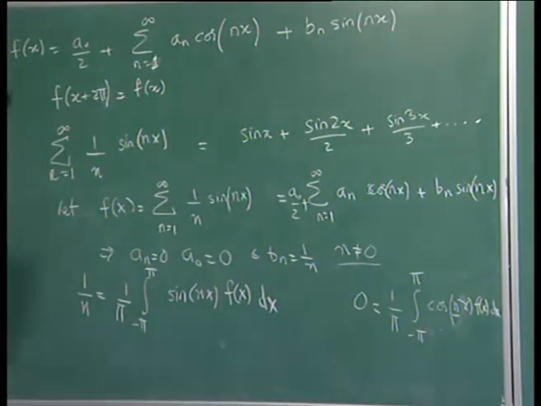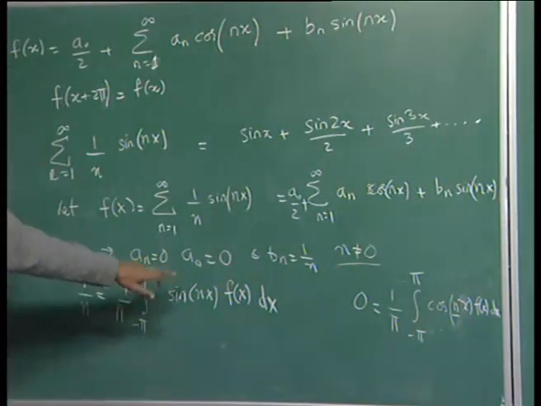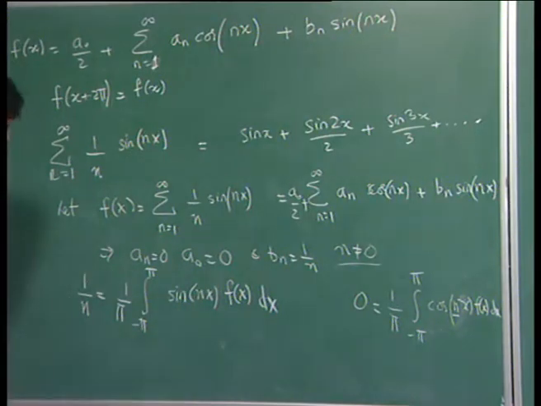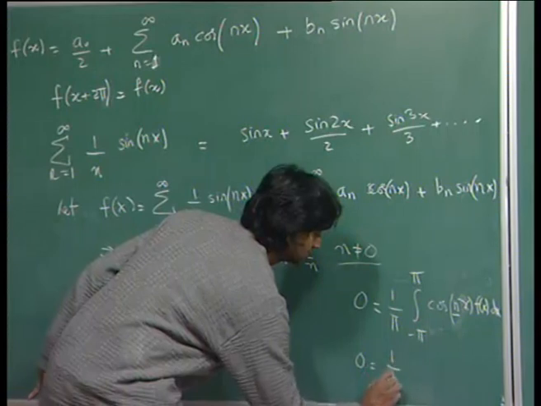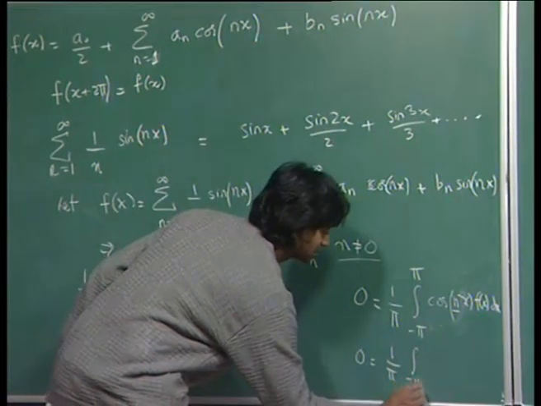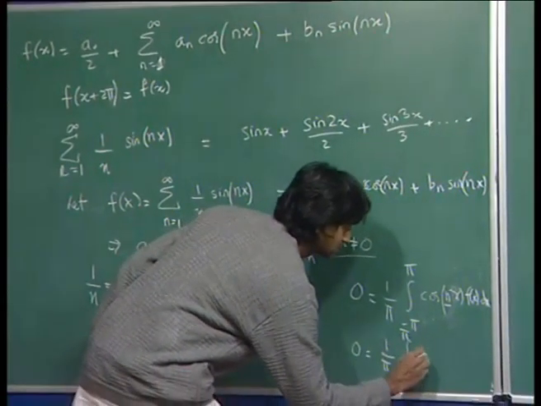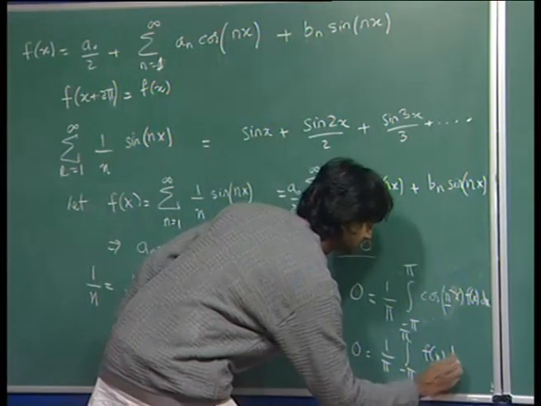And also the integral under f(x): when n equals 0, 0 equals 1 over pi integral from minus pi to pi of f(x) dx.